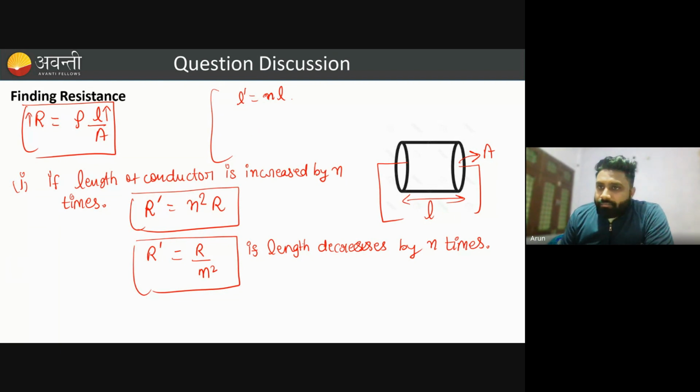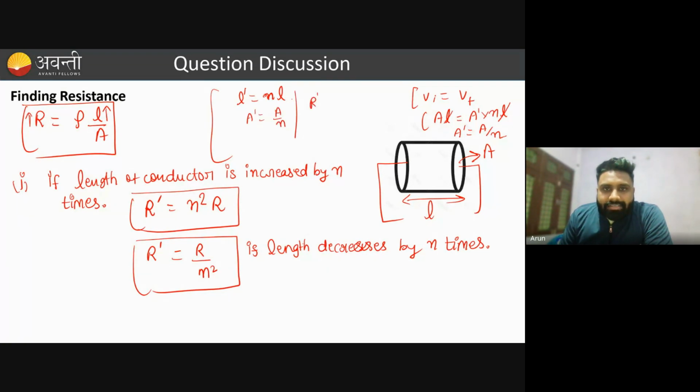We know that the volume of this conductor remains constant. So initial volume is equal to final volume. Initial volume is area into length, let's say the length is small l. And V final is A dash into L dash, and L dash is nothing but nL. This l and l will cancel out. So A dash is nothing but A upon n.